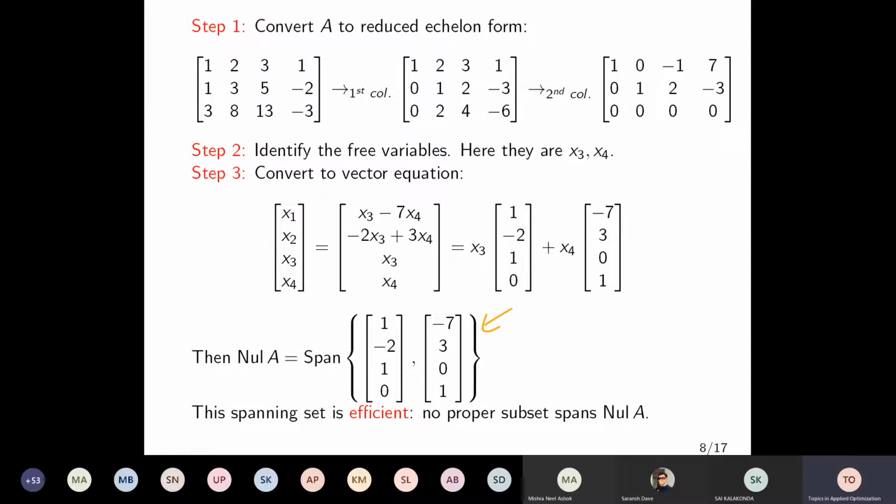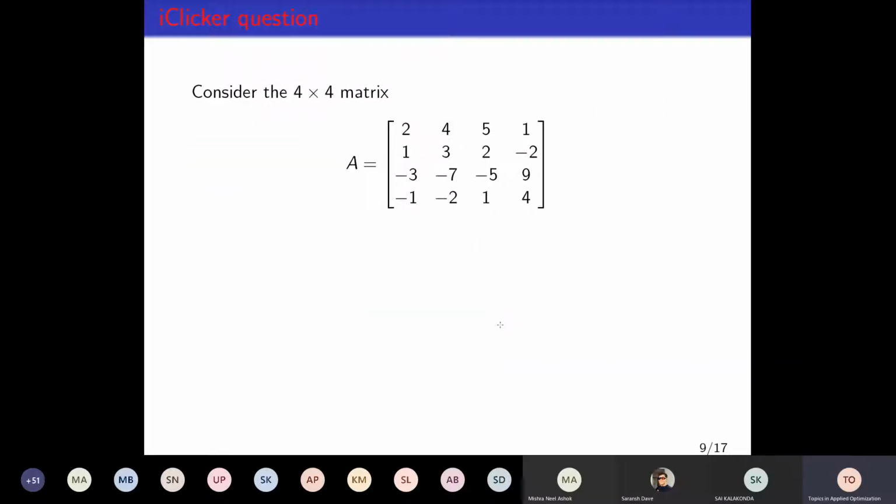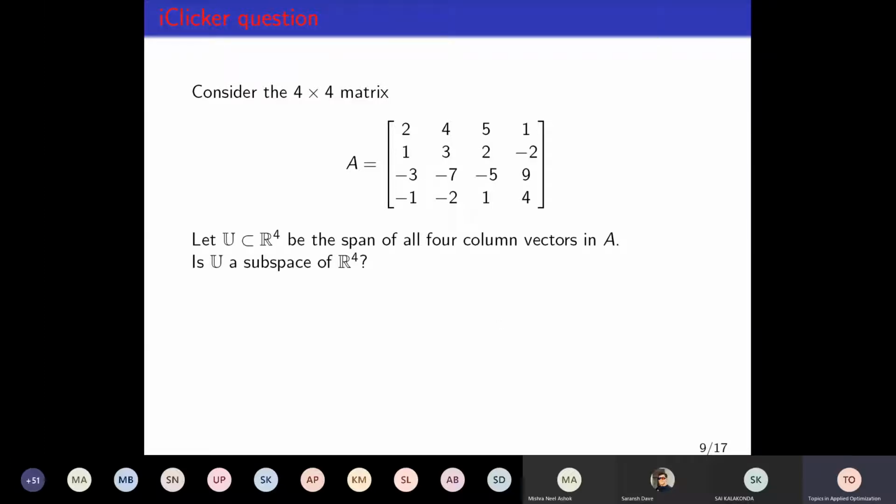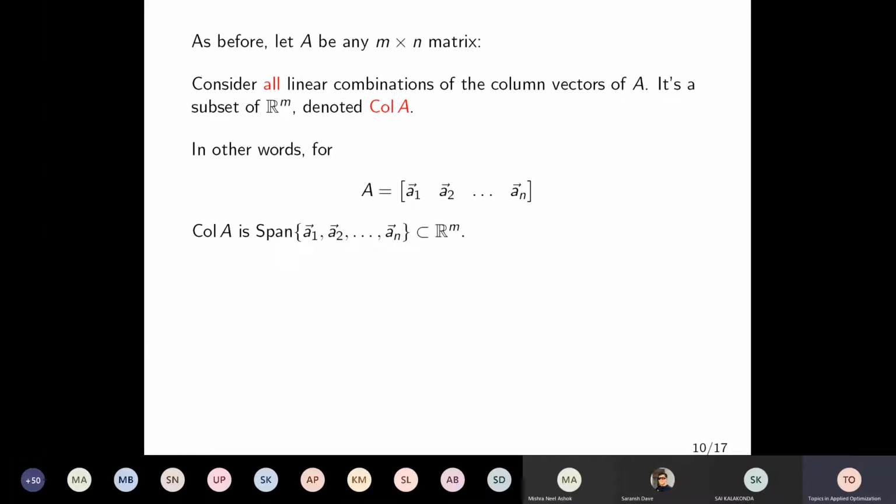Any proper subset of this will never span the whole null space; it will only give you a subspace of the null space. So this gives the full null space. This is a question you can try offline. I'm not going to do this now.